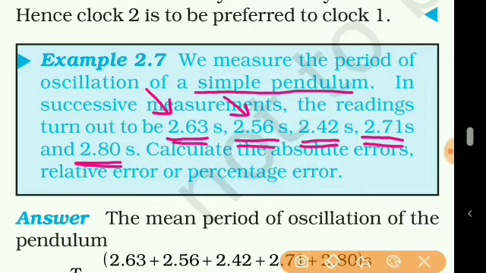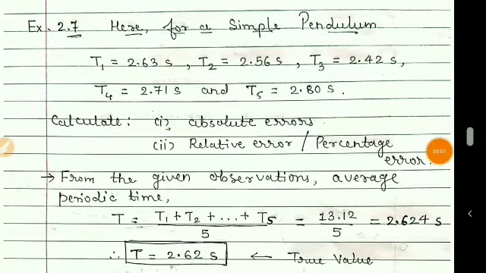We know that the exact time period for the simple pendulum will be fixed. Its true value will be fixed, but when we measure during the experiment, due to some errors, the times are different. So error must be there, and if there is an error, we have to estimate that error. So now we will find that error. So now let us start this solution.